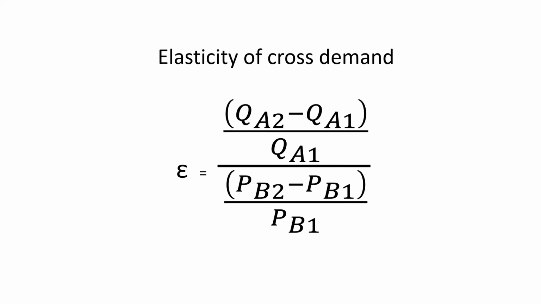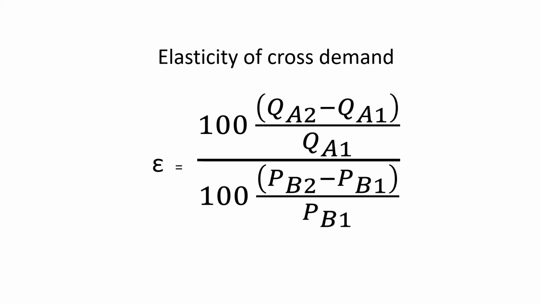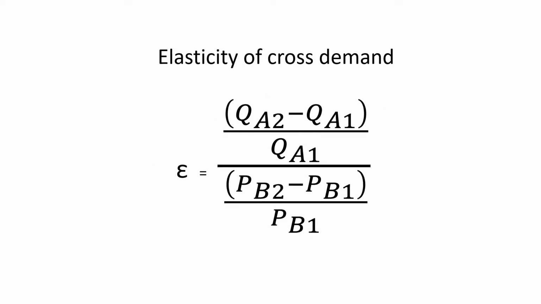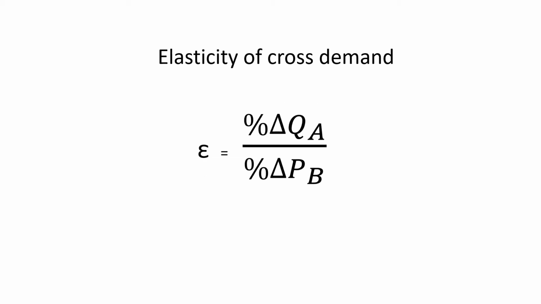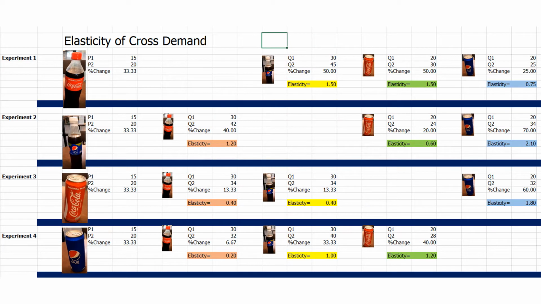The elasticity of cross demand can be presented as the percentage change of quantity of product A by the percentage change of price of product B. It means that by a 1% change of the price of product B, it affects the change of product A by how many percent?